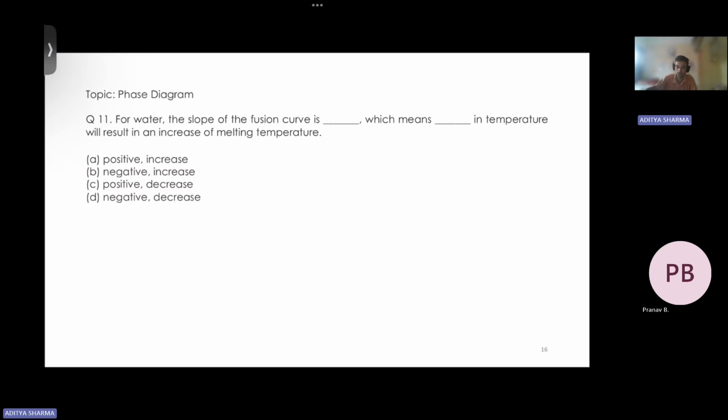The slope of the fusion curve for water is, so also, if there is an increase in melting temperature, that happens when we do what with the temperature of water.